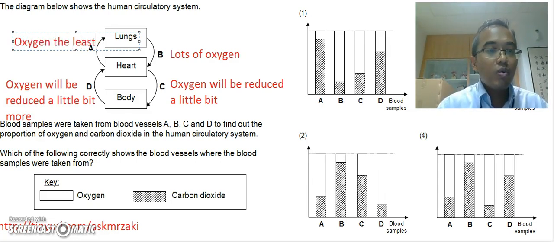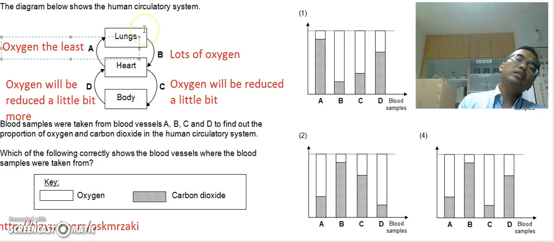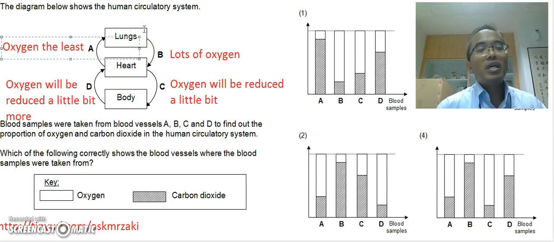Am I right? Why? Because this is where most of the oxygen has been used in the body already. Alright? So now as it goes to the lungs, it will be taking in a lot more oxygen.